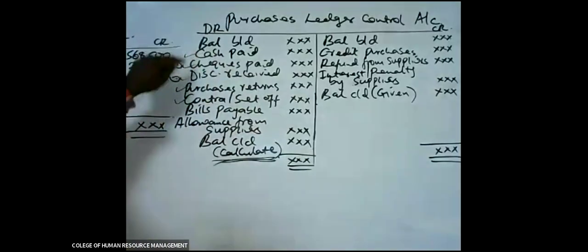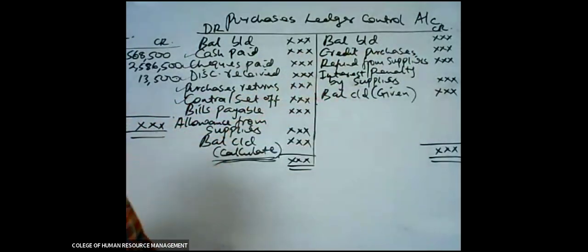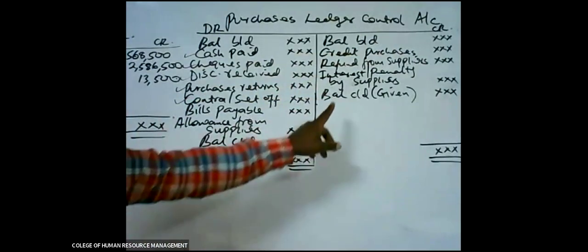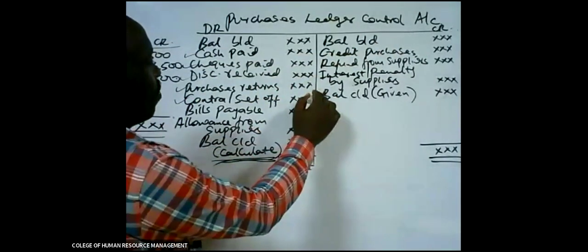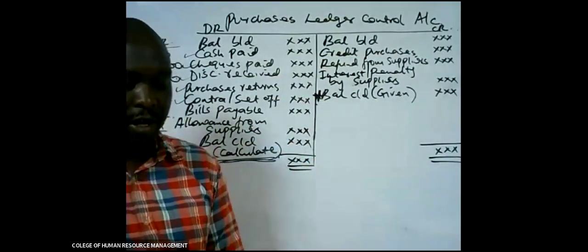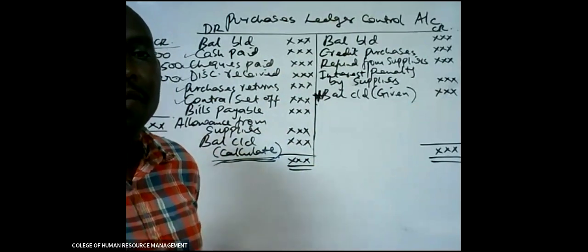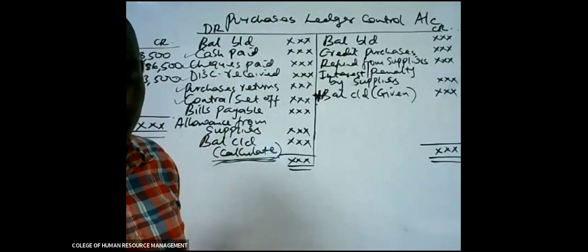Then you debit what reduces the balance that we owe them. Understand that the closing balance will change. You will be told it's a debit balance, but put it on the credit side. Now that we are there, allow me also to explain something on the sales ledger control account.